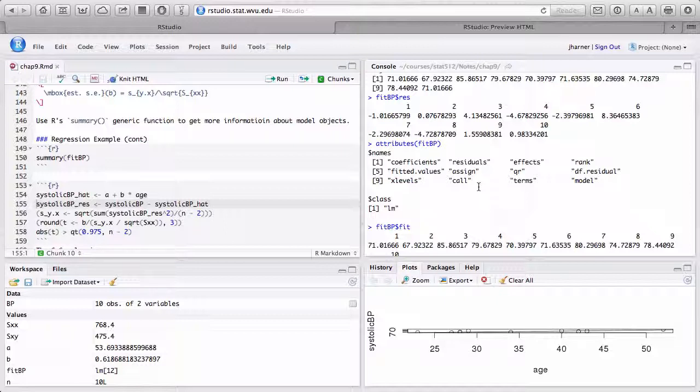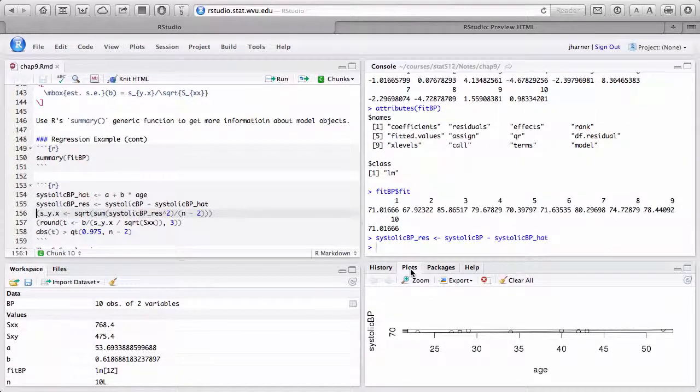Now the residuals, which I also compute over here, so let me compute the residuals. The residuals will be what? The residuals will take the y minus the y hat. So I have systolic BP minus systolic underscore hat. And so that will be the residuals. So let's compute the residuals, and then I can print those out.